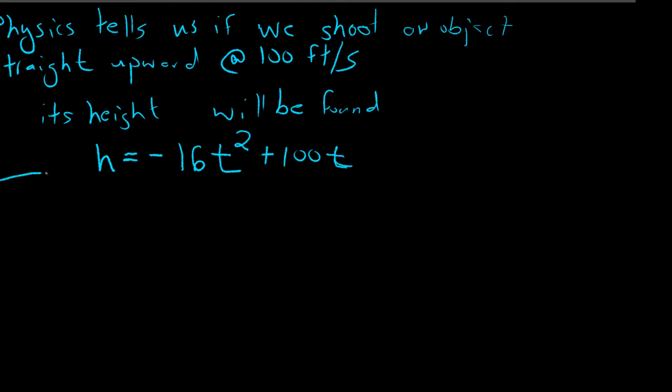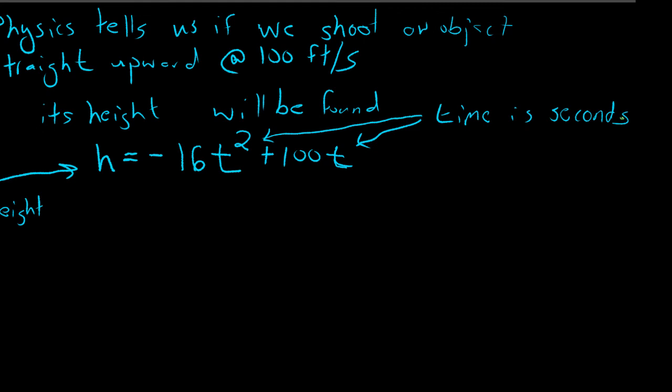Here I have a variable that tells me my height above the ground, and t is my time in seconds. And so the question is, how high will our object be in 5 seconds?